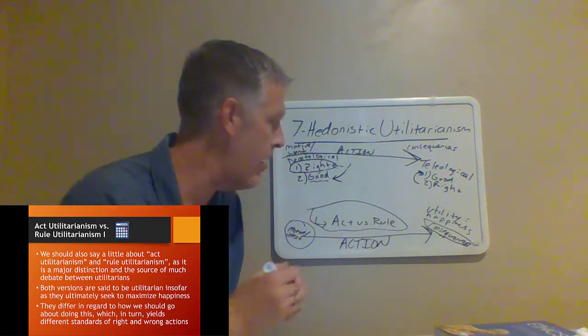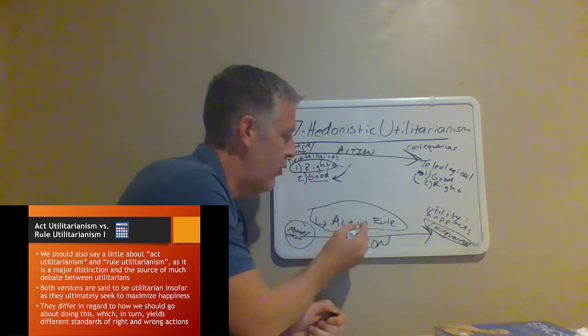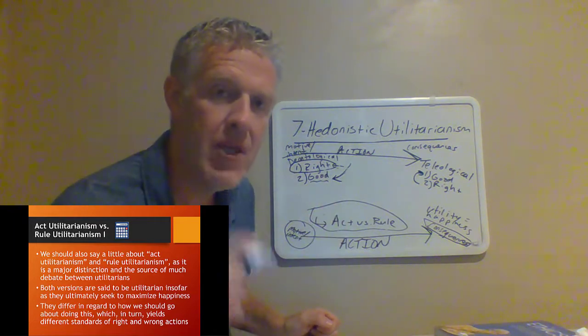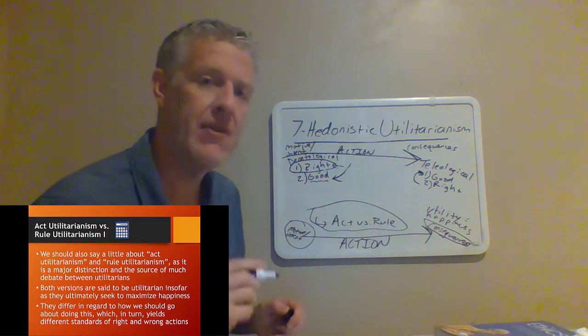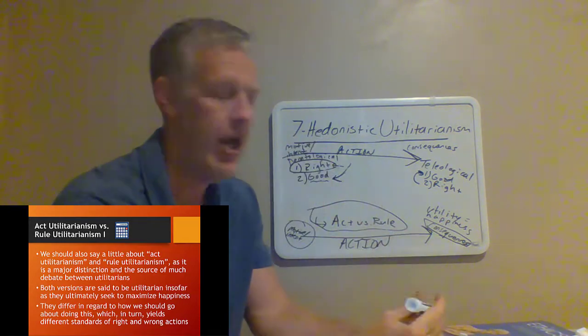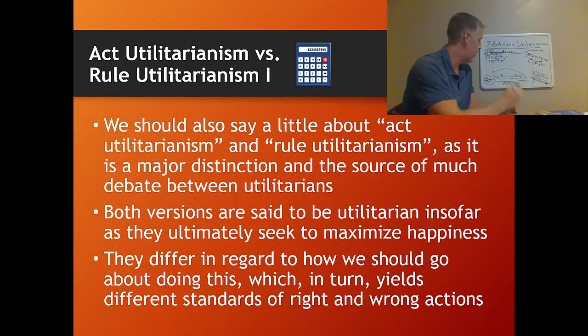But understand, while they are at times recommending different courses of action, they're both ultimately aimed at the same thing: maximizing happiness for the greatest number. The difference lies in how they think we can best go about accomplishing that methodologically. So the difference lies in their methodology, the best process for actually maximizing the greatest happiness for the greatest number.